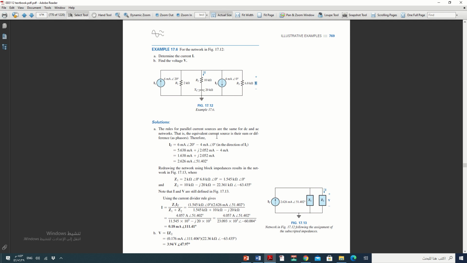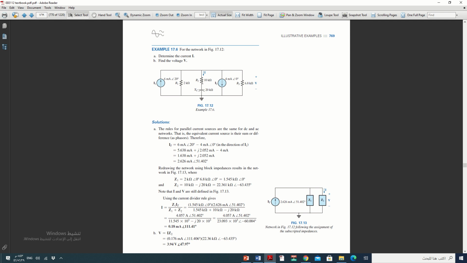Now we can say Z1, which is 2 kilo ohm with 6.8 kilo ohm. The parallel symbol is missing from the typing; put the parallel symbol here. 2 kilo ohm parallel with 6.8 kilo ohm.